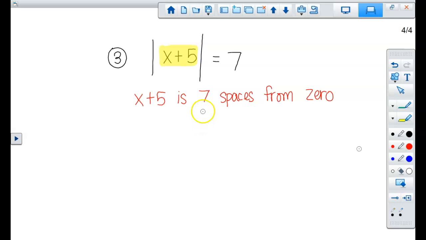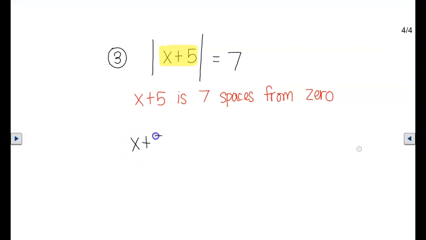If we're 7 spaces from 0, we could be at 7. So x plus 5 could be 7. Or the other alternative is x plus 5 could be negative 7. So if x plus 5 is 7 spaces from 0, then it is at 7 or it's at negative 7. So we set it equal to both of those values.